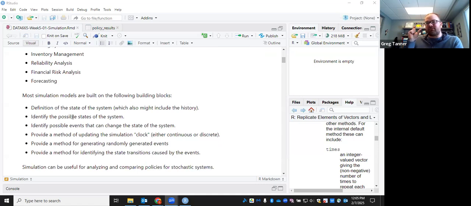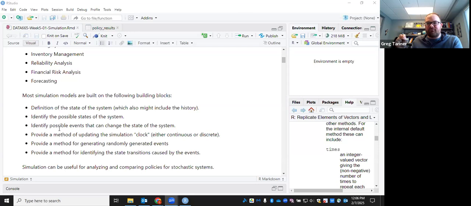Once you've defined what the state of the system is, then you want to define the possible states, or the possible values that state could take. How many people could be in the system? What are the different values it can take on? Then you want to identify the possible events that can take you from one state to another.